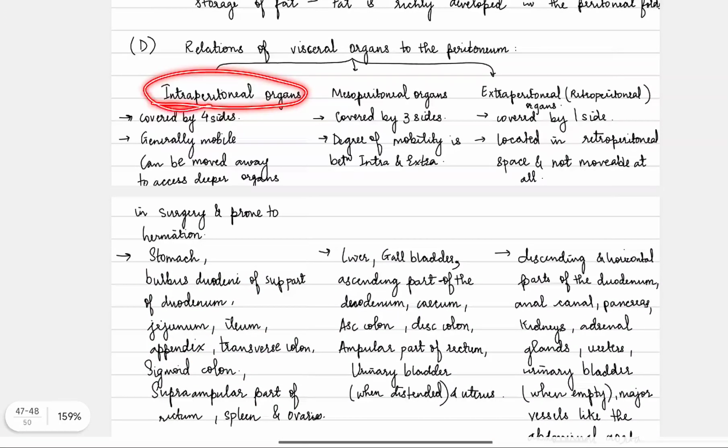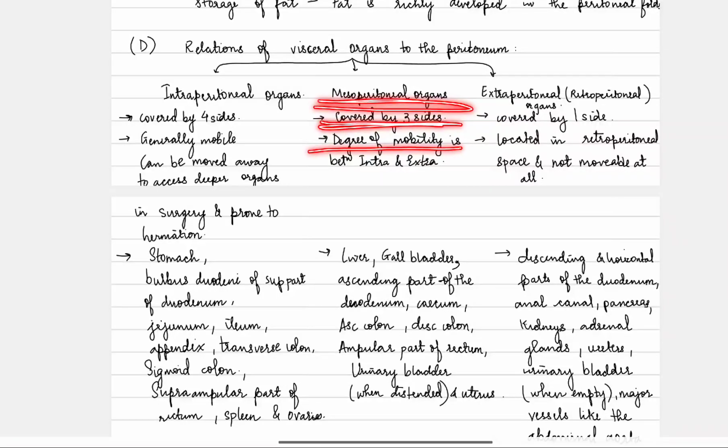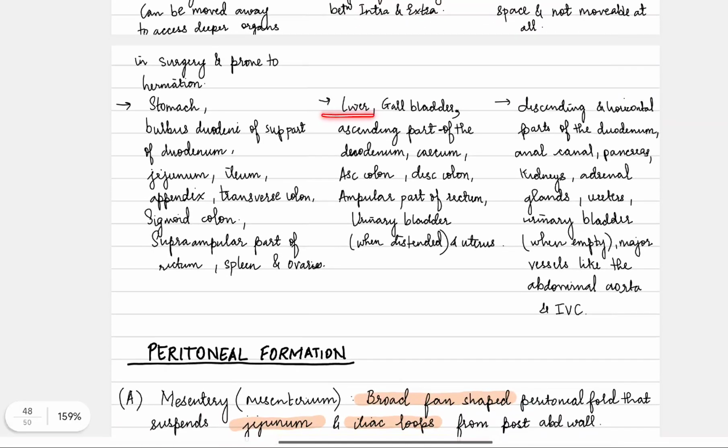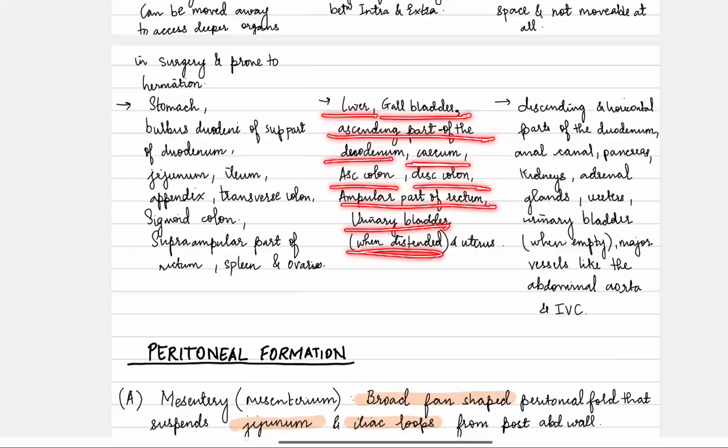These are intraperitoneal organs. Mesoperitoneal organs are covered on three sides. Their degree of mobility is between intra- and extraperitoneal. Organs are the liver, gallbladder, ascending part of the duodenum, cecum, ascending colon, descending colon, ampullary part of the rectum, urinary bladder when distended, and uterus.